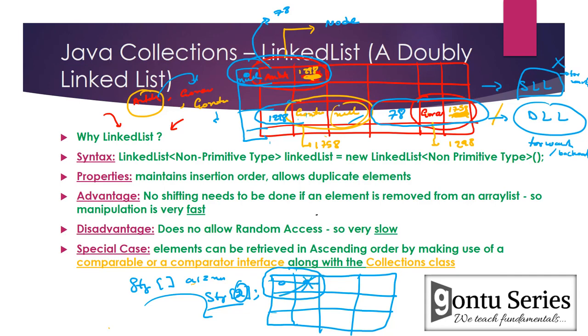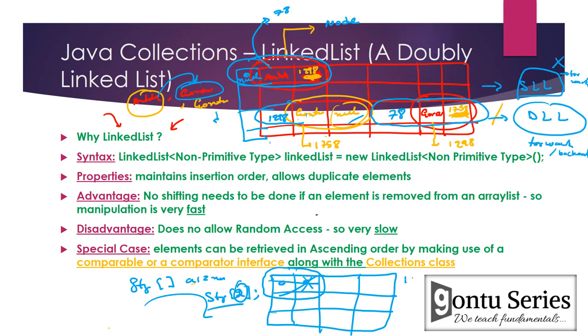But in the case of a linked list, see what's the advantage? Whenever you are adding a new element, a new space is going to be created anywhere in the RAM. It's just that the last element of that linked list is going to change its forward address to that new element you are adding. But in the case of arrays, that's a drawback.